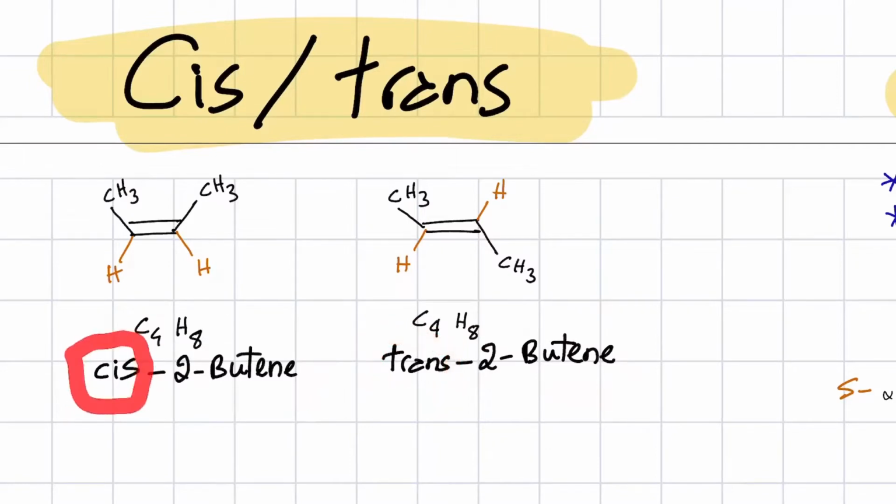Cis means that those groups are on the same side, and trans means that those methyl groups are on opposite sides. And it's not only cis and trans, there are other ways like R and S that are useful to indicate the spatial arrangement of certain atoms, right?